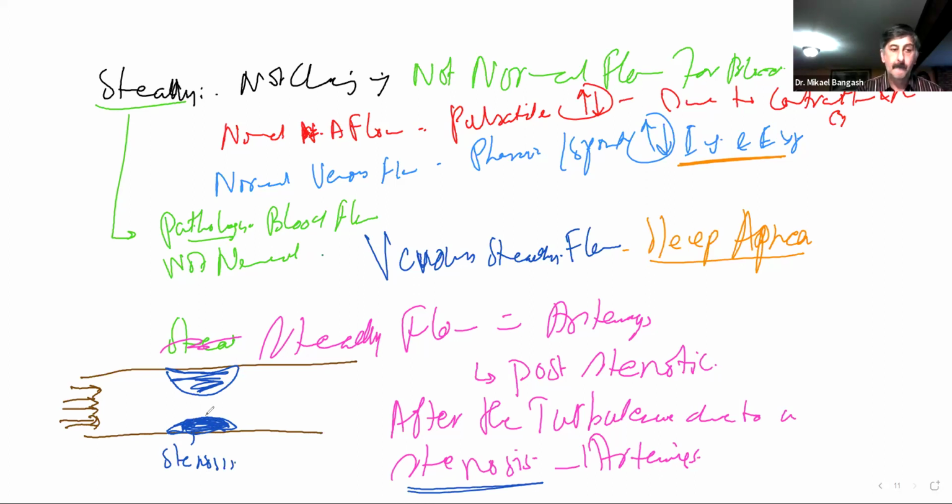Now, what this narrowing is going to cause is turbulence. Even slightly here there's going to be turbulence, but after that turbulence, for a brief period, there's going to be a steady flow.